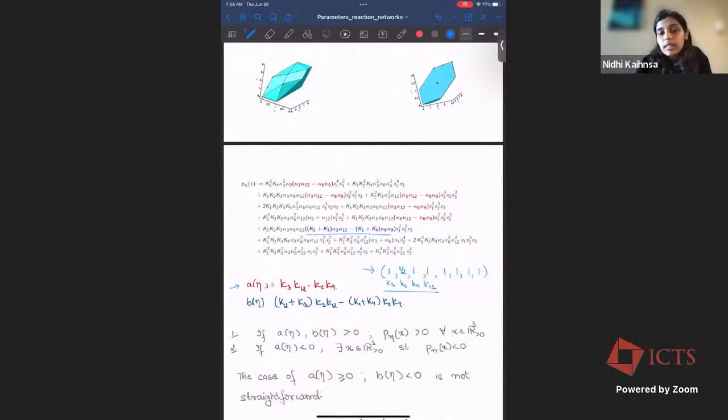Well, because the polynomial can still be negative, but I don't know for which parameters. So in our parameter space, I want to find a boundary which divides my monostationarity parameters from the multistationarity parameters.